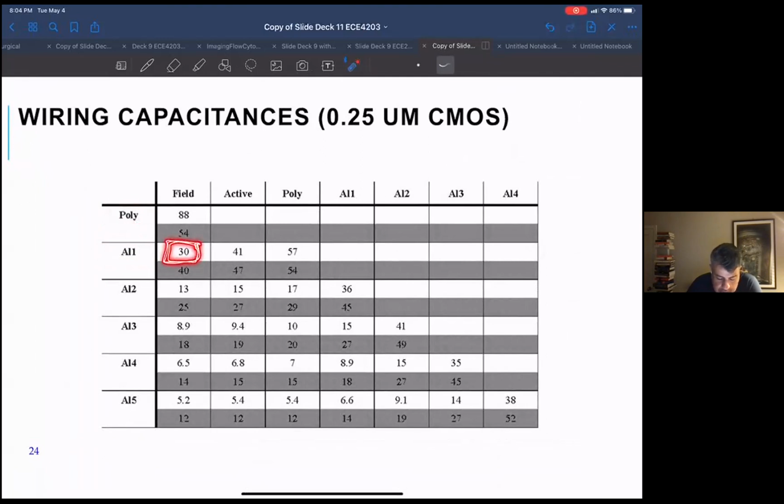This is in some unit, probably attofarads. So femto is 10 to the minus 15, atto is 10 to the minus 18. Okay, so it's probably in attofarads.